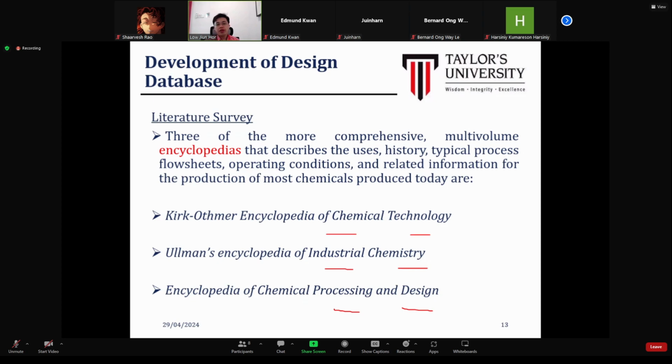So you can refer to or download these references if you want to collect the relevant process pathways or identify all the existing processes or technologies currently practiced in industry.